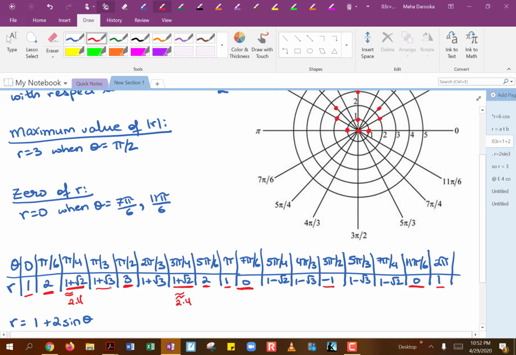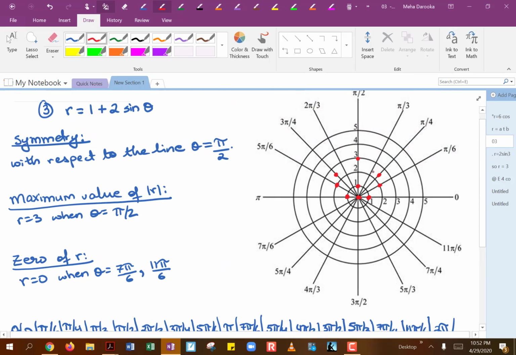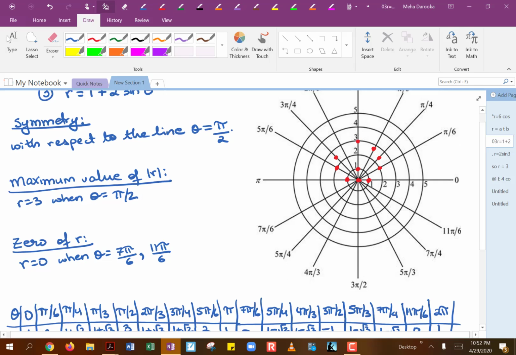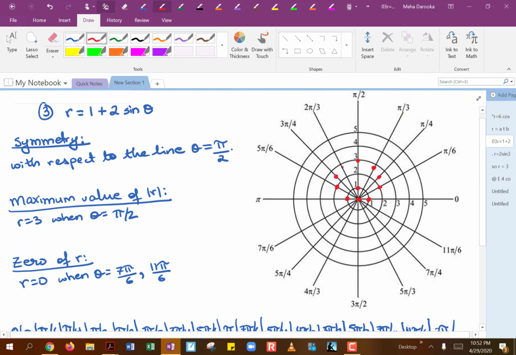If you want to do pi over 3 and 2 pi over 3, that's going to be 1 plus square root of 3, which is approximately 2.7. So at pi over 3, we are at 2.7, just a little bit below the number 3, and at 2 pi over 3, same thing. So maybe somewhere over here.